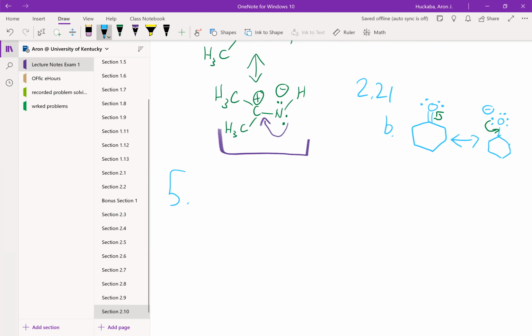So for our last trend, we have simple conjugated pi bonds in a ring.